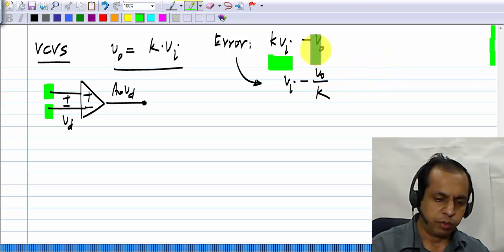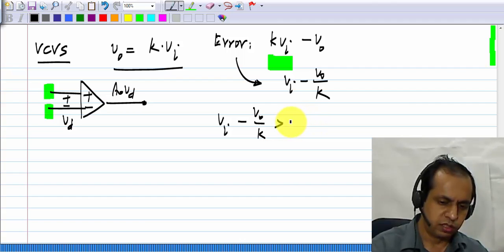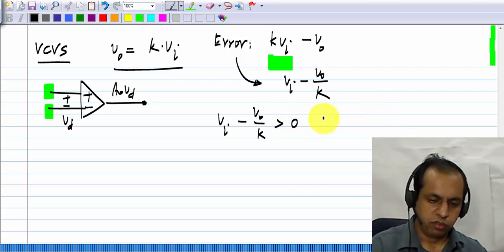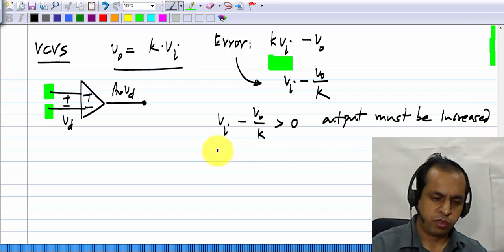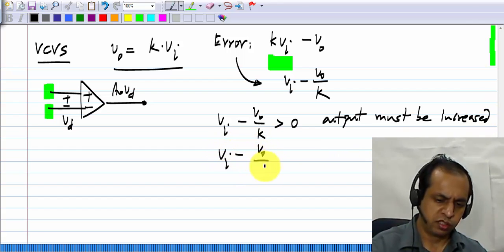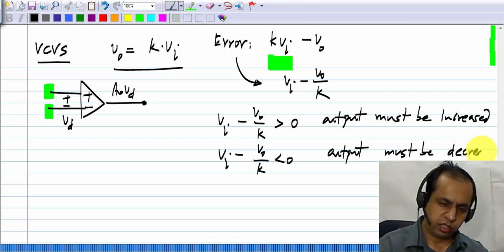Now what should happen is that if Vi minus V naught by k is positive, the output must be increased, and if Vi minus V naught by k is negative, the output must be decreased.